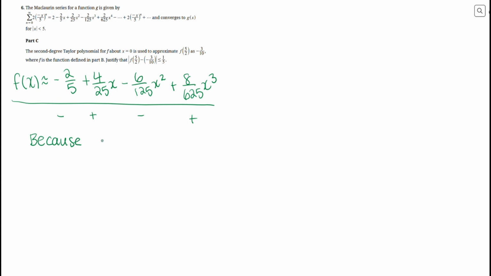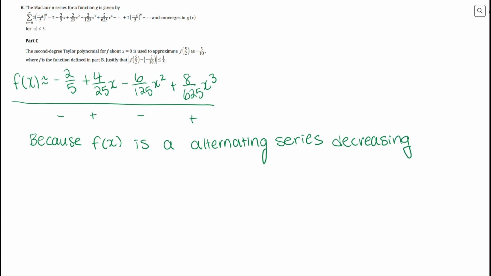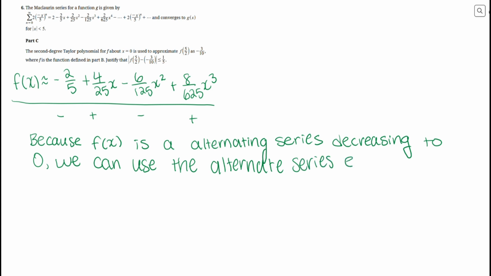because f of x, your function, is an alternating series decreasing to 0, we can use the alternating series error bound.